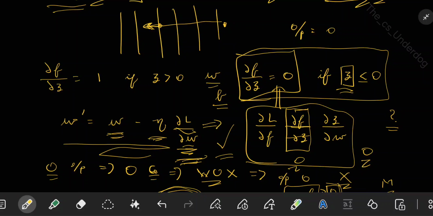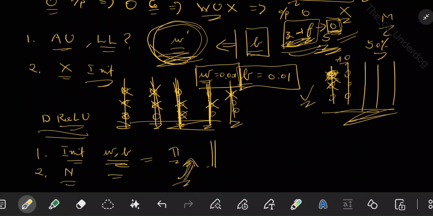We used del L by del W. Using this gradient, you did the update. So if your gradient explodes and becomes a larger value, your update will automatically be larger. Your W will be changed by a big extent. That can always affect your W. If it gets changed to a big extent on the negative side, then your complete learning can go for a toss.